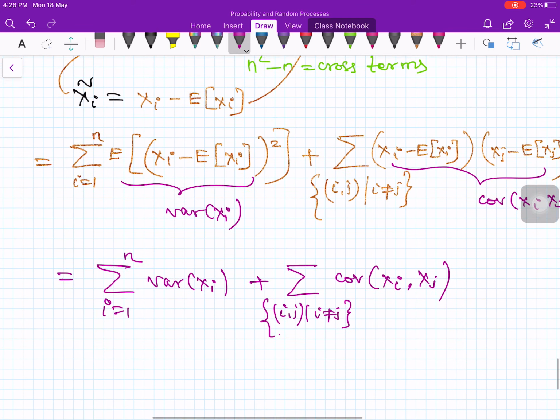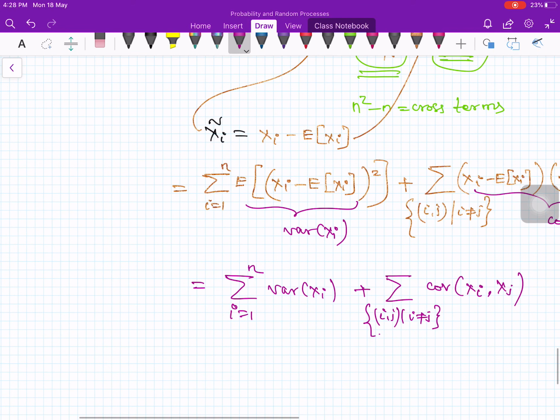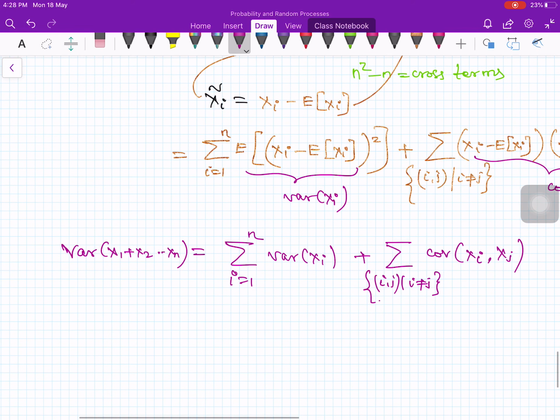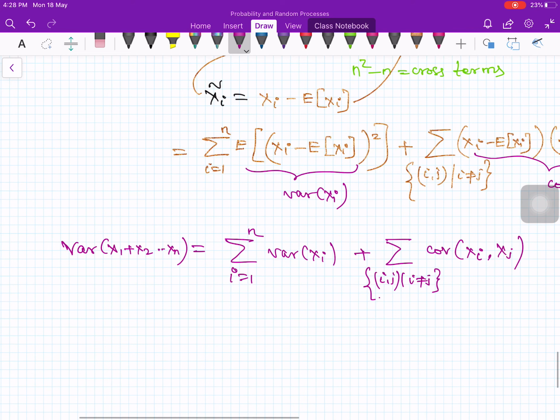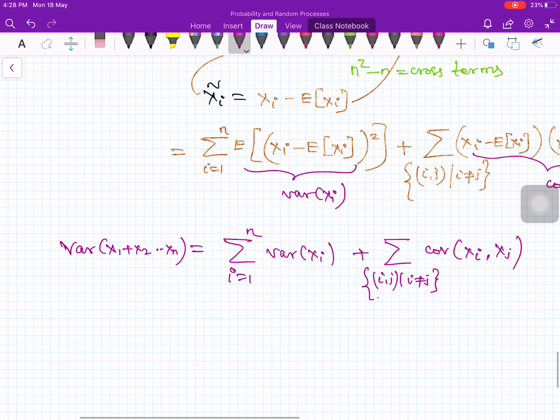So we have obtained the general formula. The left hand side is the variance of x1 plus x2 up to xn. If the random variables have zero covariances, then the variance of the sum is the sum of the variances. And this happens in particular when the random variables are independent.